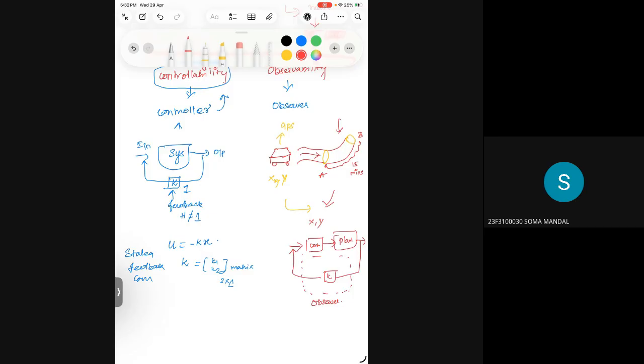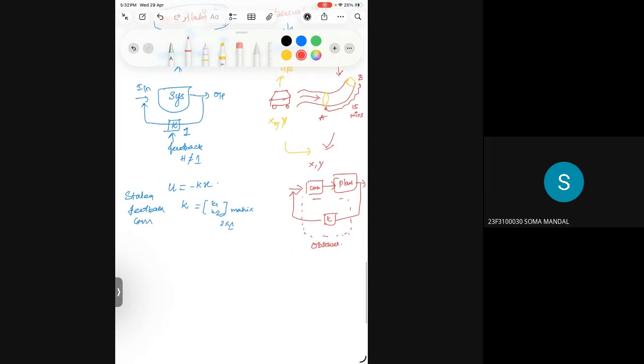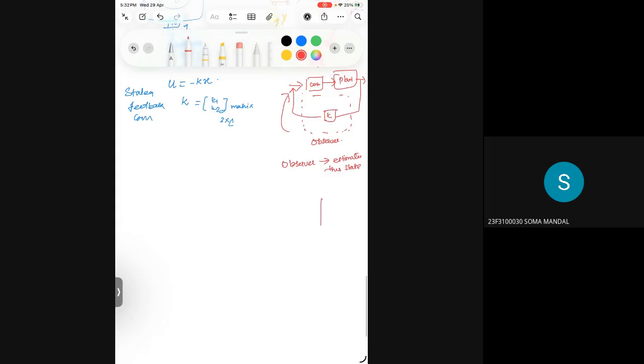Here the state is a position, so we are estimating the position. So in general, the observer estimates the state and updates the system using the estimated information whenever the actual information is not available. Clear?